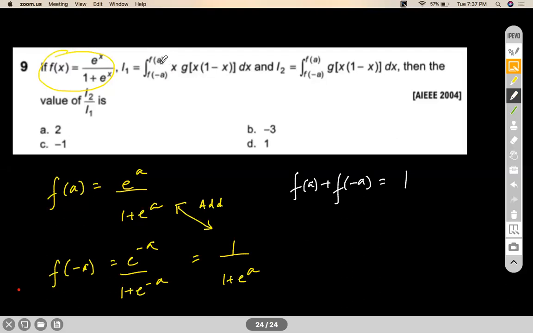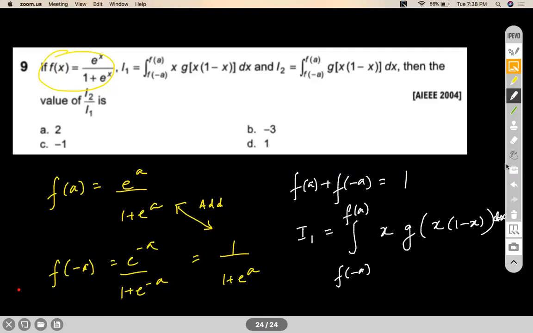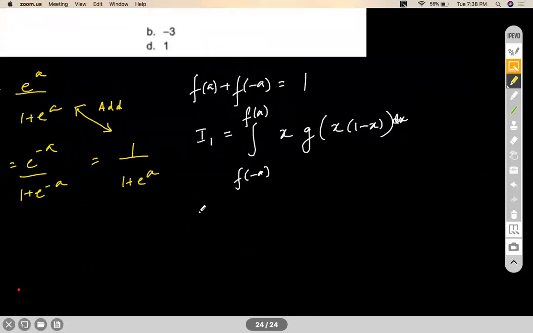So treat as if there are upper and lower limits which add up to give you 1. Okay. So let me start with I1. This is your I1. Okay. Let us apply King's property on this. So by King's property, you know that you have to replace your x with a plus b minus x.